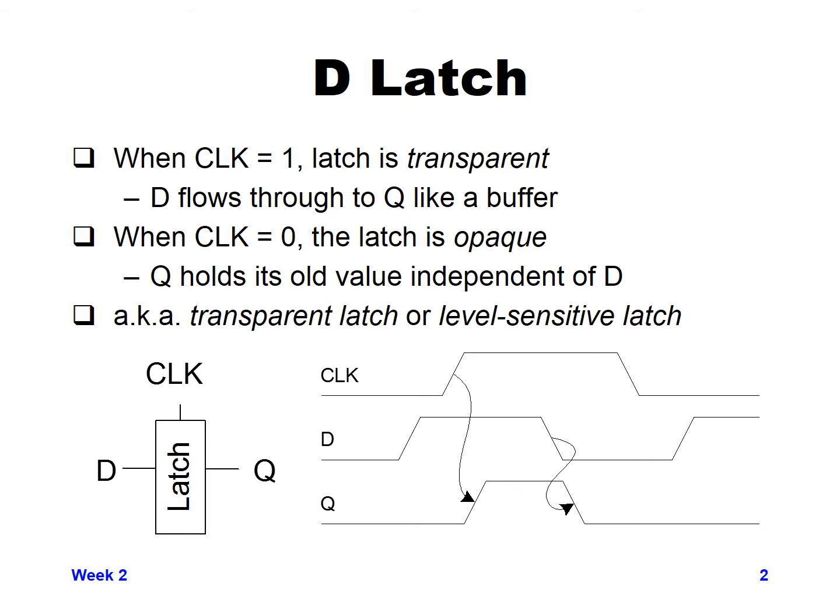You can see at the beginning, all three, clock, D, and Q, are all low. While clock is still low, D transitions from low to high. Nothing changes as far as Q is concerned. Since clock is low, Q stays stable, same value. Now, a little bit after that, clock goes high.